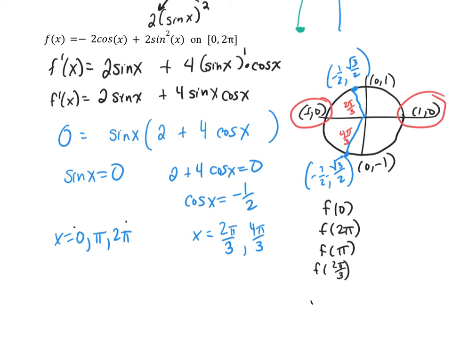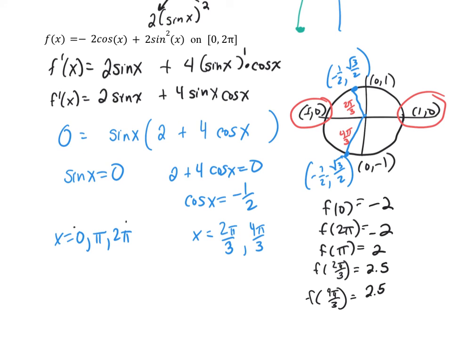And if you look at the graph, it should show that these are all some kind of turning points, but there'll only be one maximum value and one minimum value. So if I find these values, f of 0 is -2, f of 2 pi is -2, f of pi is 2, f of 2 pi over 3 is 2.5, and f of 4 pi over 3 is 2.5.